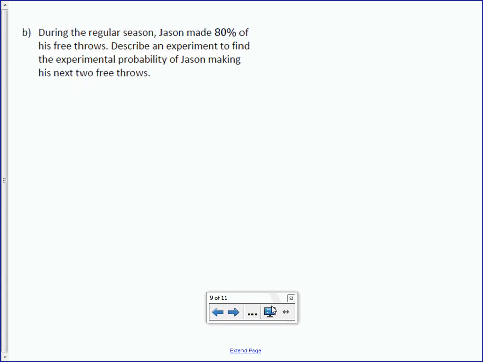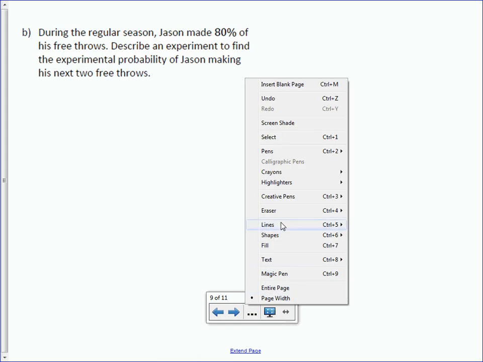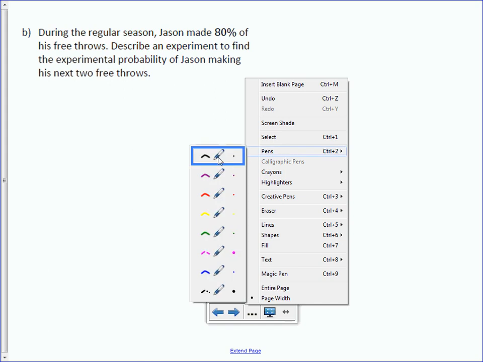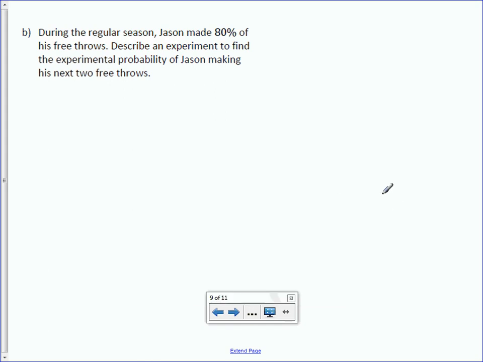Letter B. During a regular season, Jason made 80% of his free throws. Describe an experiment to find the experimental probability of Jason making his next 2 free throws. So, let's change it to a fraction. 80 is out of 100.